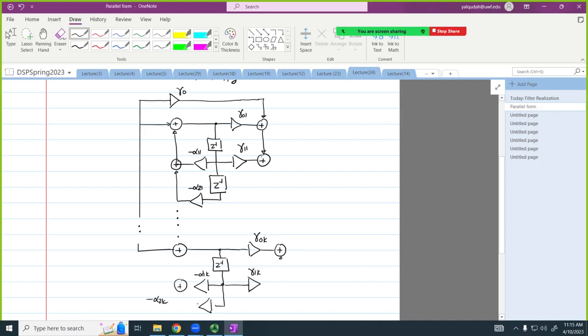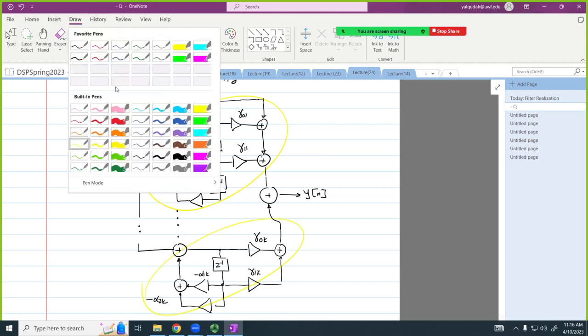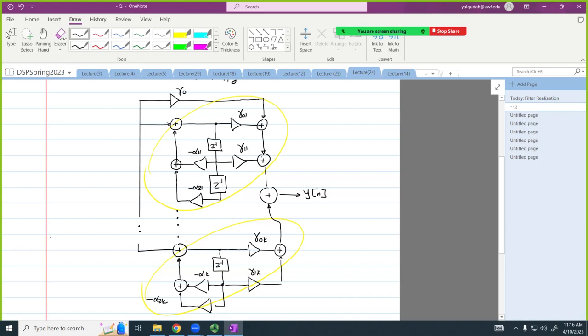We're going to add these together. And we're going to add this to this, and we're going to add all these together to generate y of n. Okay. So again, each one of these is a direct form 2, or direct form II.